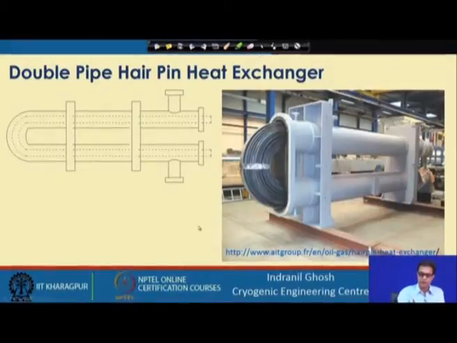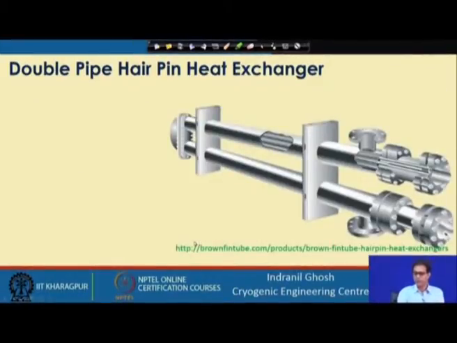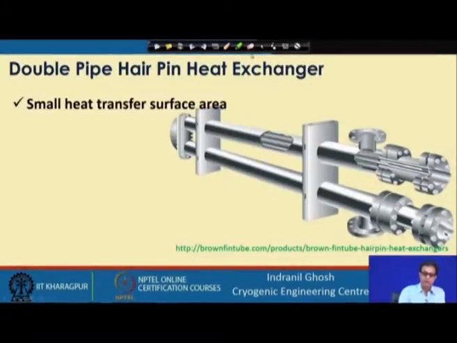And this is another configuration, from the Bound Fin Tube company, another double pipe hairpin heat exchanger, how it looks in reality. And depending on the configuration, some of the characteristics of this heat exchanger are as follows.